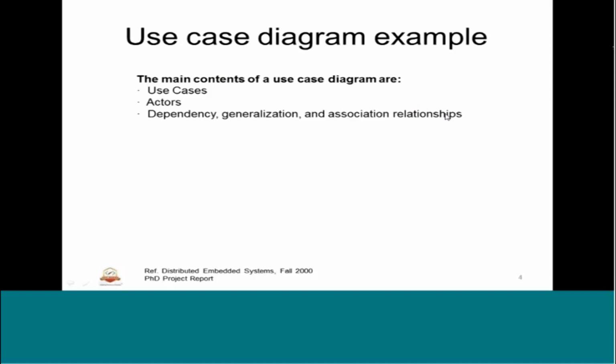So that is how the actors are defined. And the third one being the dependency, generalization, and association relationships, how it is going to be associated with the diagram. So these three aspects or contents will be there in the use case diagram. With the help of this, the test cases will be drawn.